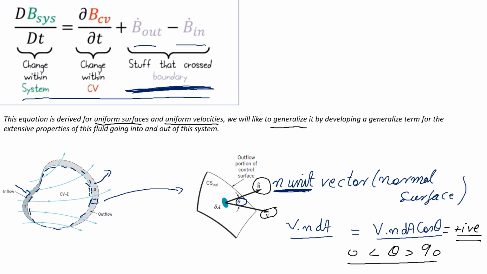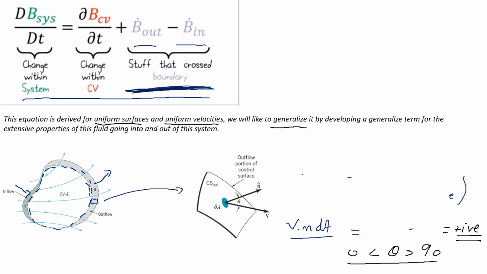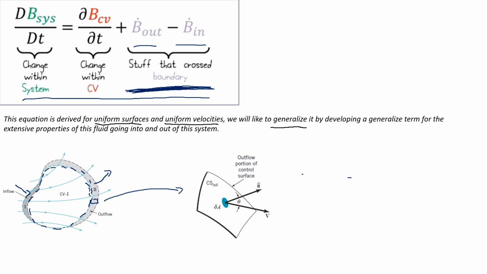So let's see another example, of our inflow. What will our inflow look like? We got a positive result from the dot product of the velocity and n unit vector for the portion of the fluid that was going out of this control volume. Now let's see a scenario in which we are representing the inflow portion of the control surface.